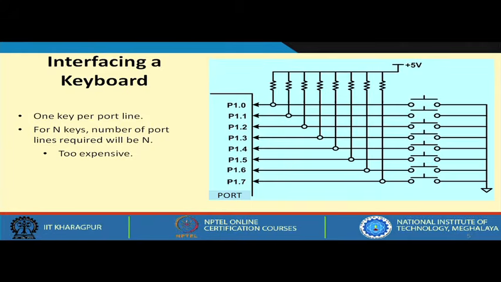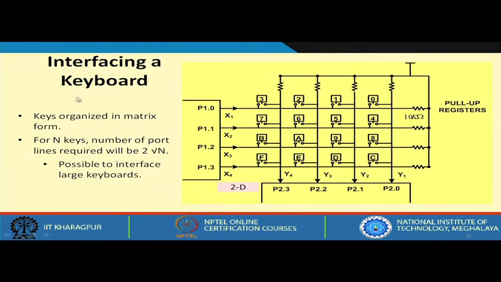So, what do we use? We use a matrix keyboard, just the kind of keyboard I just now mentioned. Here I have shown an example of a 4 by 4 matrix. You see, there are 4 row lines, there are 4 column lines, okay. These are small switches connected between a row and a column, right.